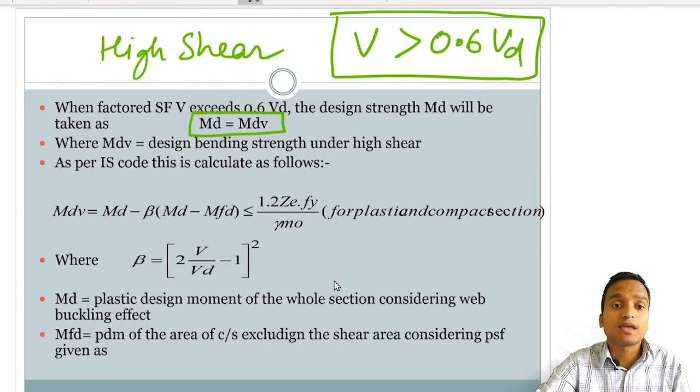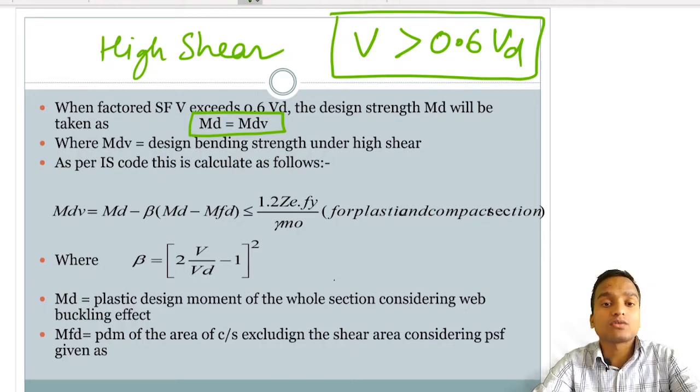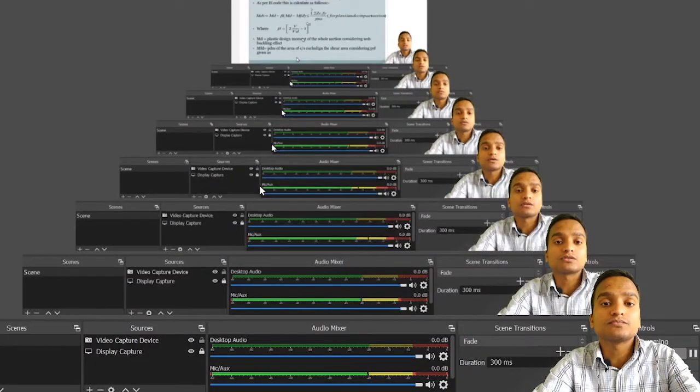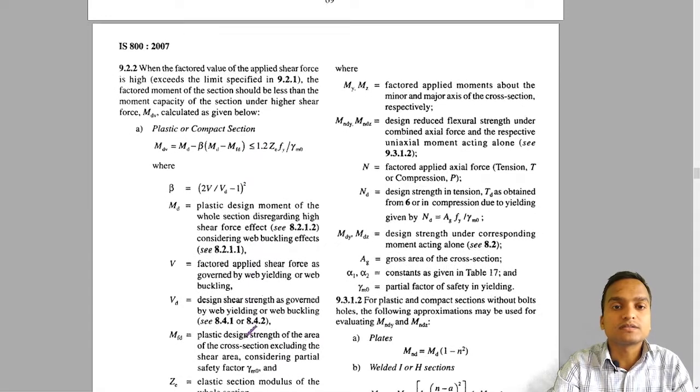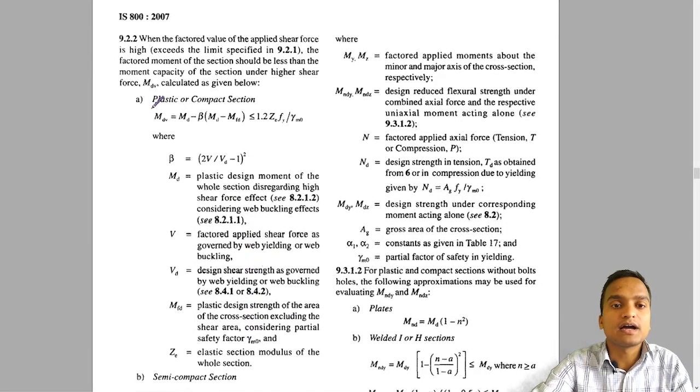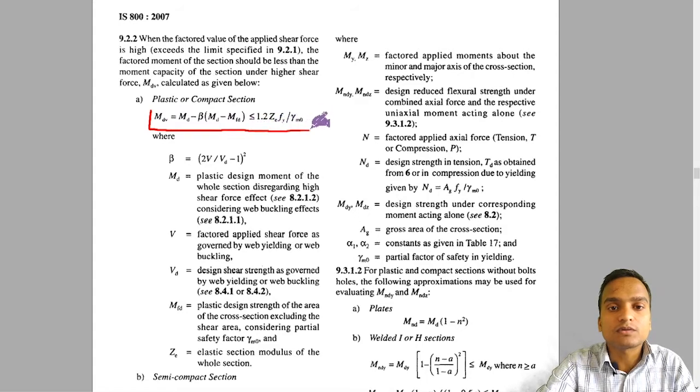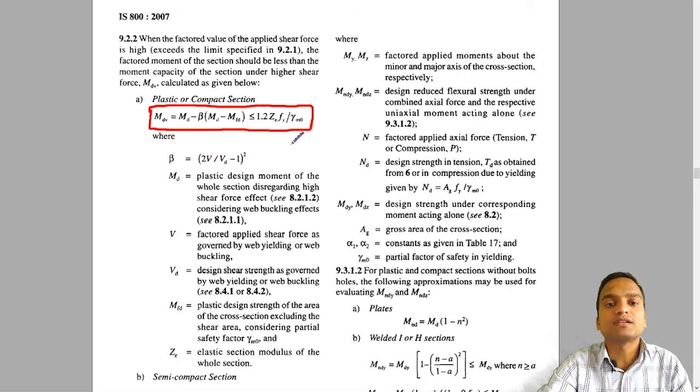As per IS code, this is calculated as follows, and you can have a look at this formula also. Here you can see in case of heavy shear or high shear, the MdV value is given by this formula in IS code. MdV is equal to MD minus beta times MD minus MFD, and it should be less than 1.2 ZE Fy by gamma MO.